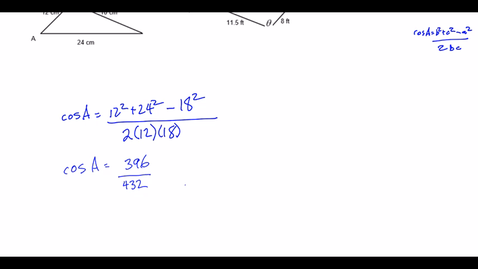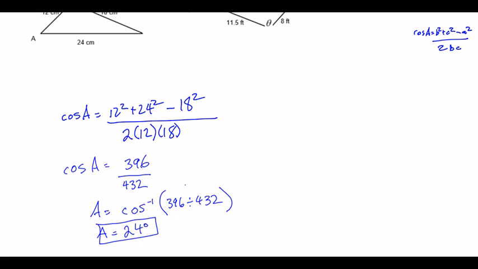So now you can either divide out 396 over 432, or you'd be a boss and calculate the cosine inverse, put that entire fraction in a bracket, and write 396 divided by 432, and we get our answer. We end up with A equaling approximately 24 degrees.